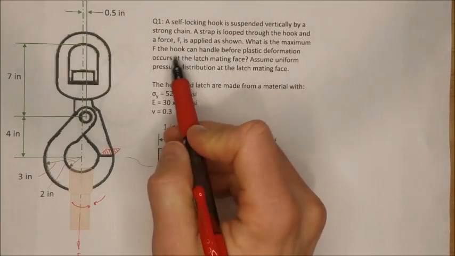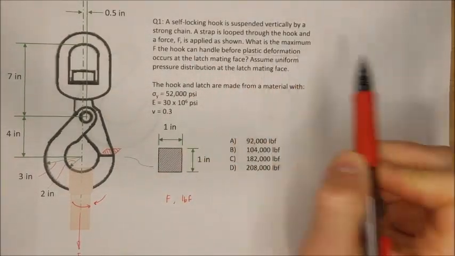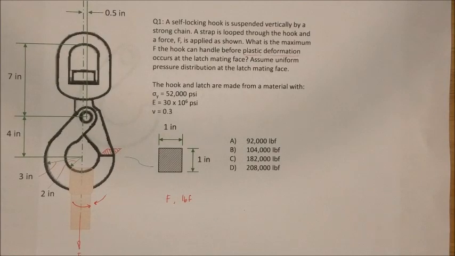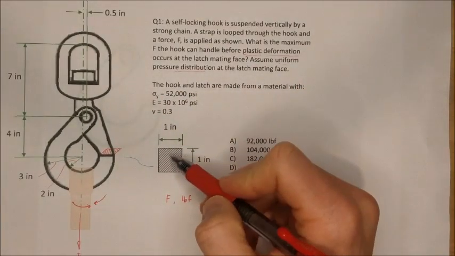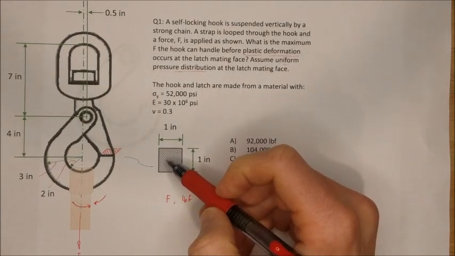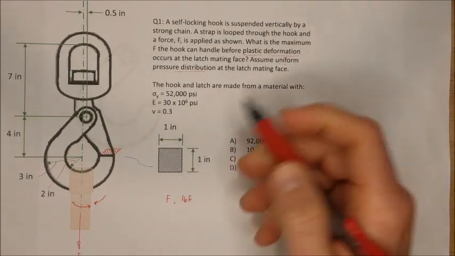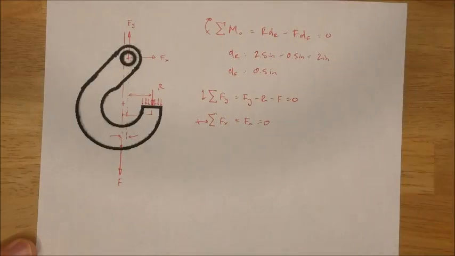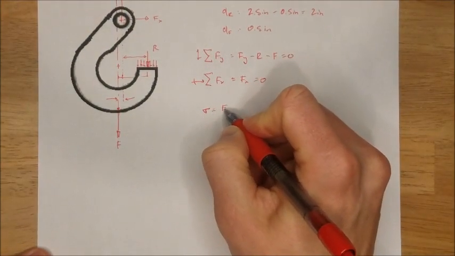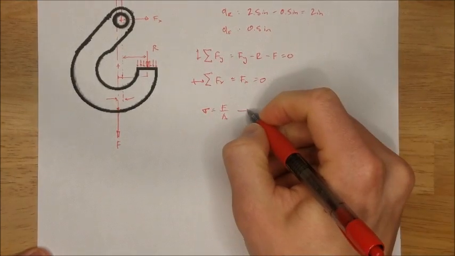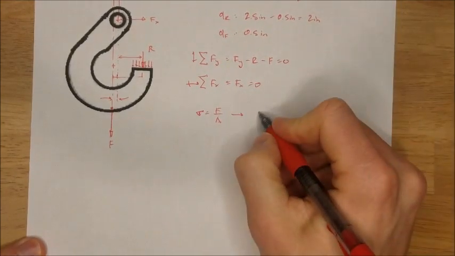What is the maximum F the hook can handle before plastic deformation occurs at the latch mating face? And if I've got uniform pressure distribution, that tells me that I've got an axial stress problem over this interface. So my generic axial stress formula is sigma equals force over area. I'm going to rewrite that for what we're dealing with here.